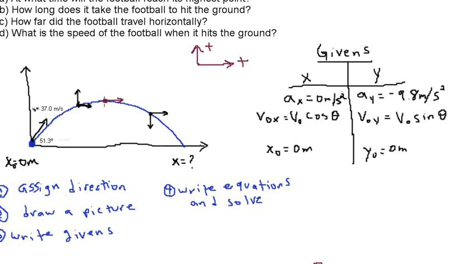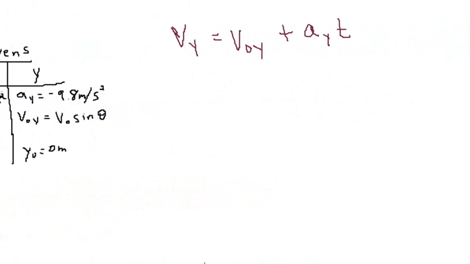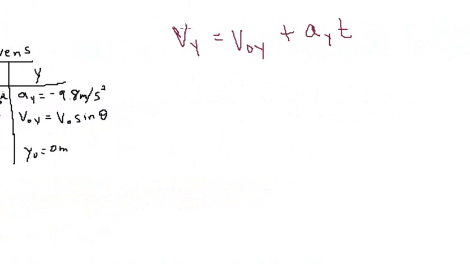At this point the ball is still. So we just found the final velocity in the y direction, which is 0. That should be a given, so you should write that down in the givens.